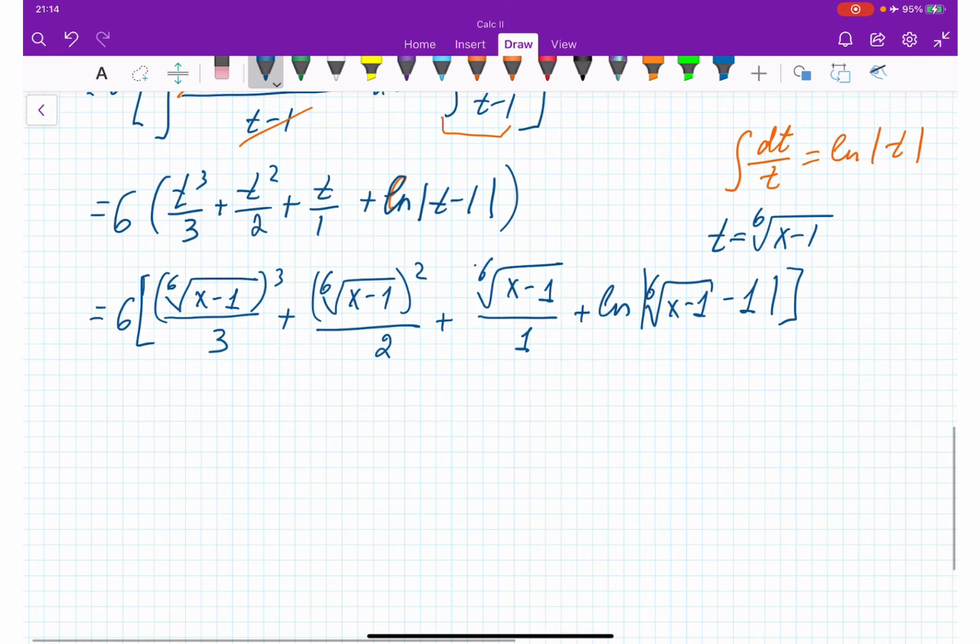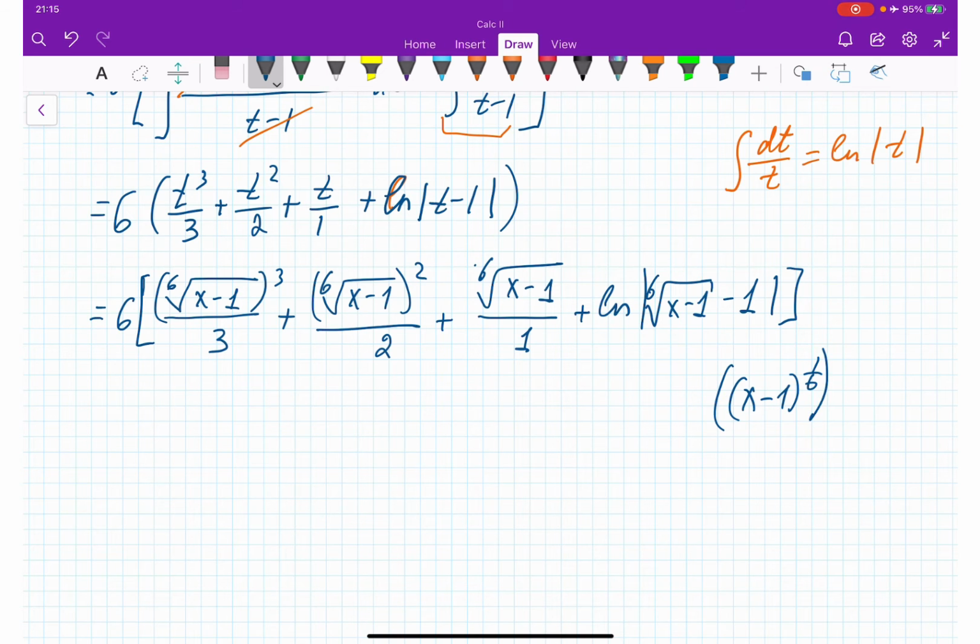Okay, so from here, what do we have? Excuse me. I can take this out because I don't need that drafting anymore. But here I will have x minus 1 to power 1 over 6, this very first term, and to power 3.